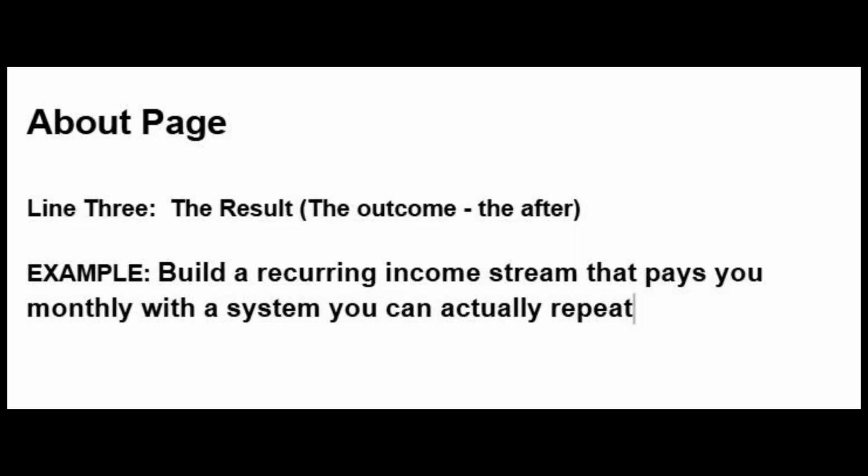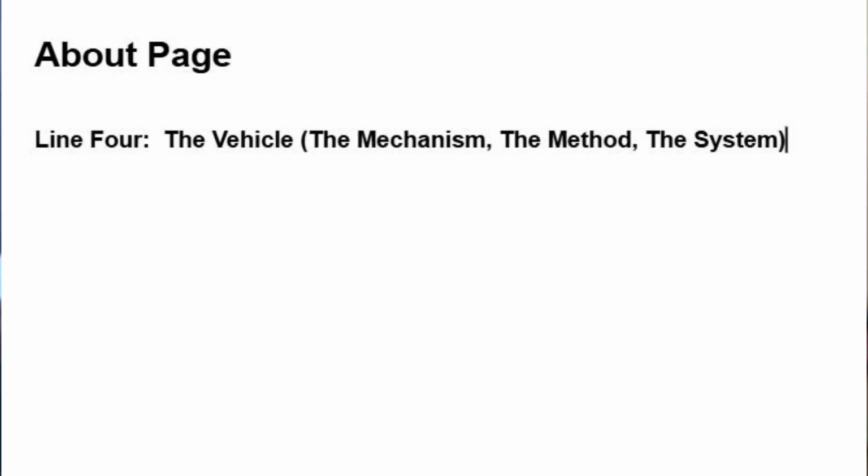This is the outcome, the after, what they do on the other side. Example, building a recurring income stream that pays you monthly with a system you can actually repeat. Line 4, this is the vehicle. This is the mechanism, the method, the system, because mechanism builds belief.